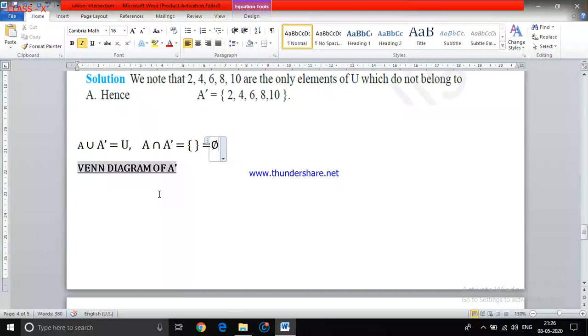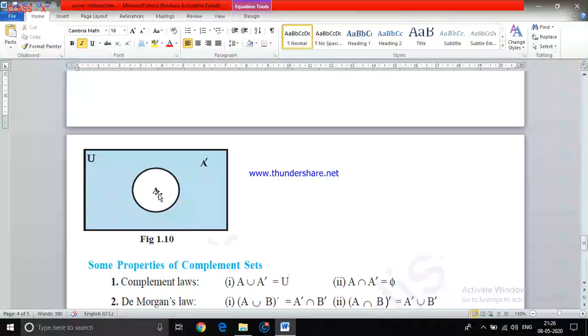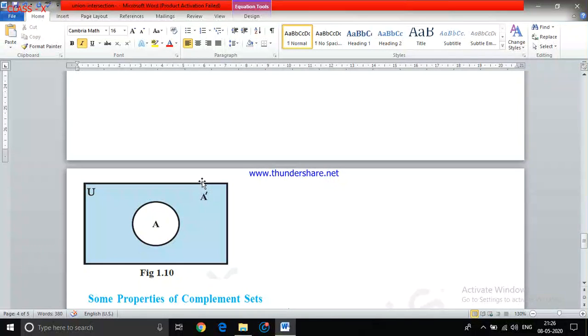Now see the Venn diagram of A complement. If A is this set, this circle in white color, and U is the universal set, then A complement is everything except this circle; the rest all will come. The whole blue shaded region is the universal set. Understood? So A complement is all those elements of the universal set U which do not belong to A. When I say universal set, all other sets have to be subsets of the universal set.